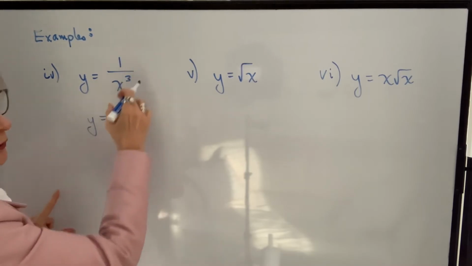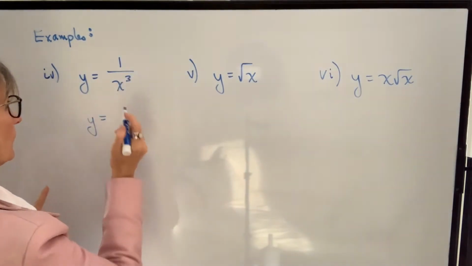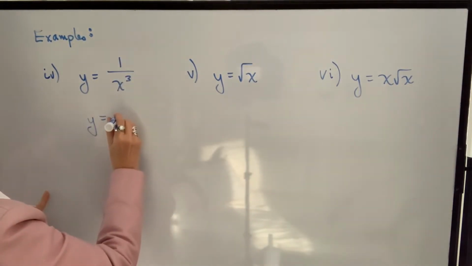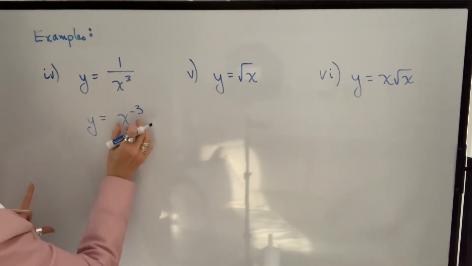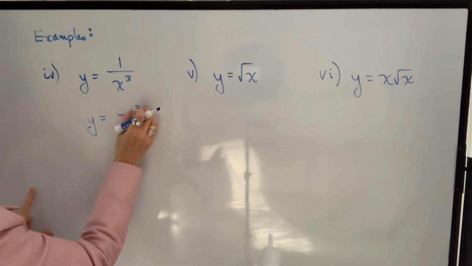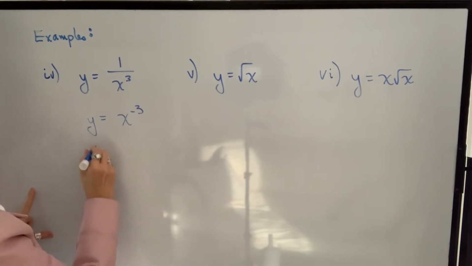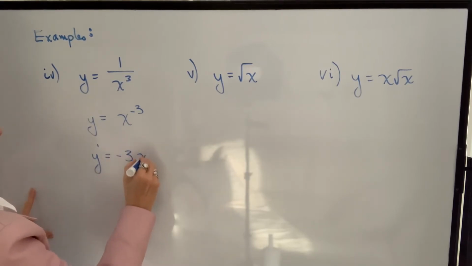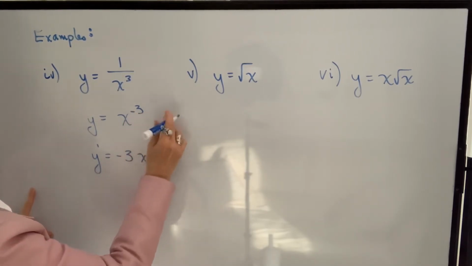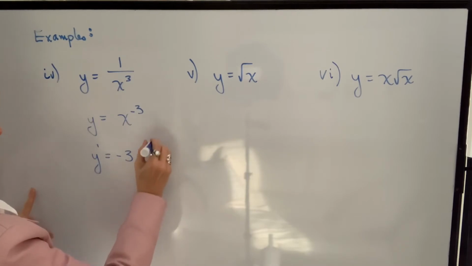I don't have a rule for 1 over x to the n right now. So I'm going to rewrite this or rethink this as x to the negative 3. Now that I've got it in the form x to the n, now I can differentiate it. I can find the derivative, and it will be negative 3, my n value, times x to the n minus 1. Negative 3 minus 1 is negative 4.